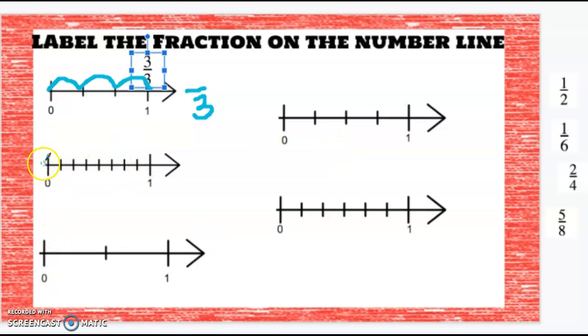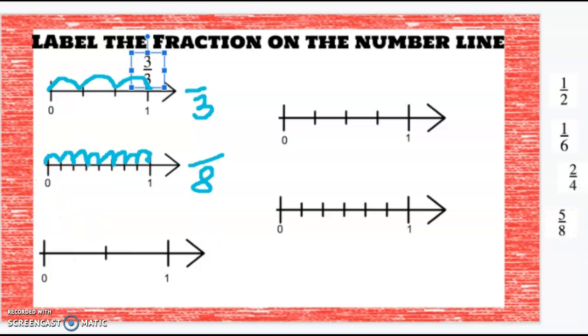And then this next one, let's count our pieces, our spaces, sorry. 1, 2, 3, 4, 5, 6, 7, 8. So my denominator is going to be 8. So I'm looking for the fraction that has an 8 as a denominator. 5/8 is what's being represented.